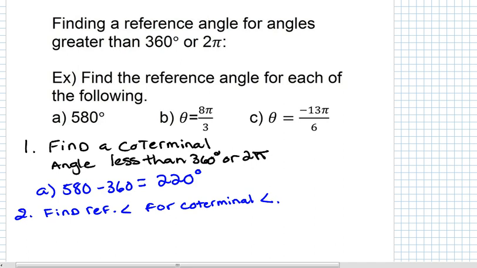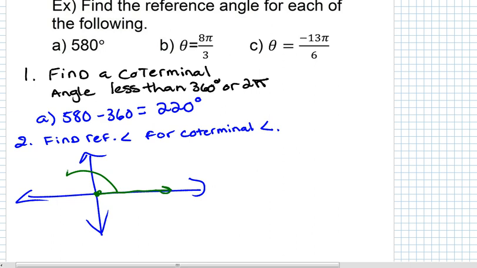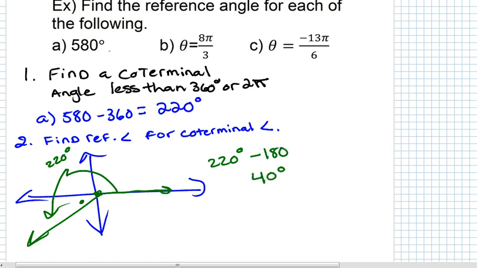So finding the reference angle for 220 degrees, it is in the third quadrant. And remember, this little space would be the reference angle, so 220 minus 180 would give you 40 degrees. And that would be our reference angle for part A.